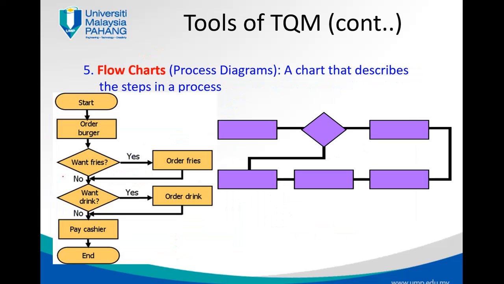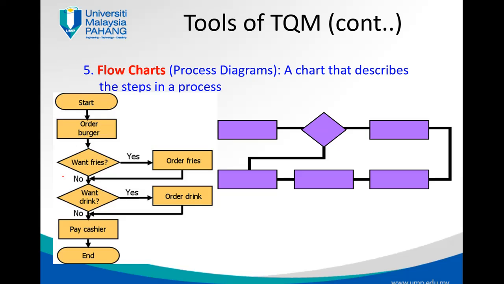Okay, next is a flow chart. Okay, process diagram, a chart that describes the steps in a process. Okay, so when we want to analyze or assess the process, we try to put the process in a flow chart. Okay, like this one.